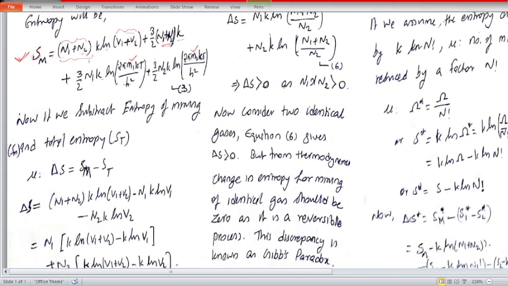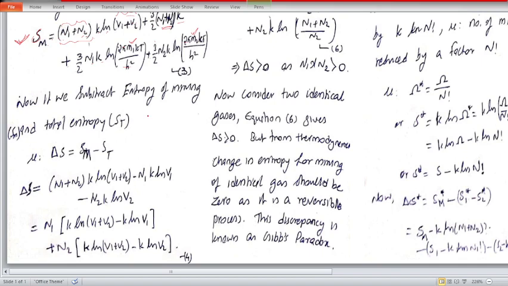Now we subtract the total entropy from the entropy of mixing. That is the change in entropy, delta S, equal to Sm, the entropy of mixing, minus St, the total entropy.